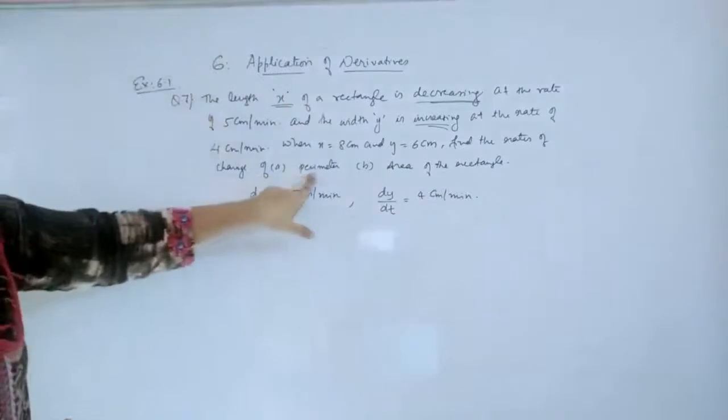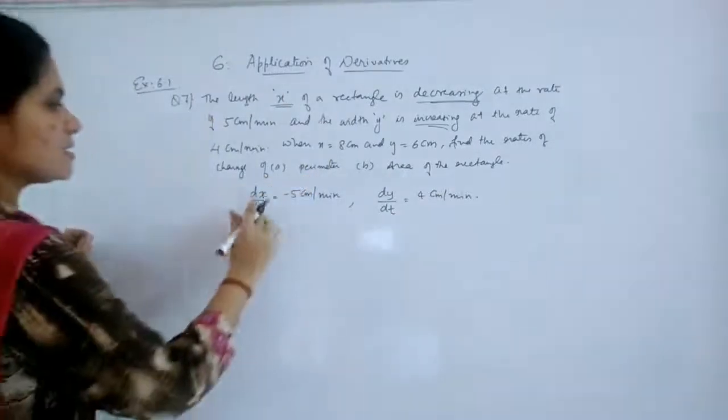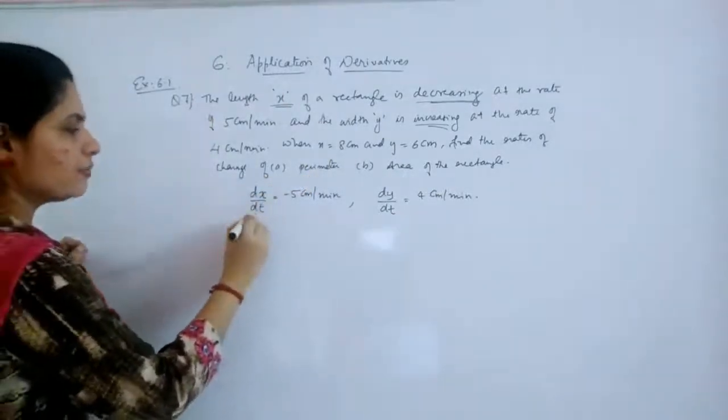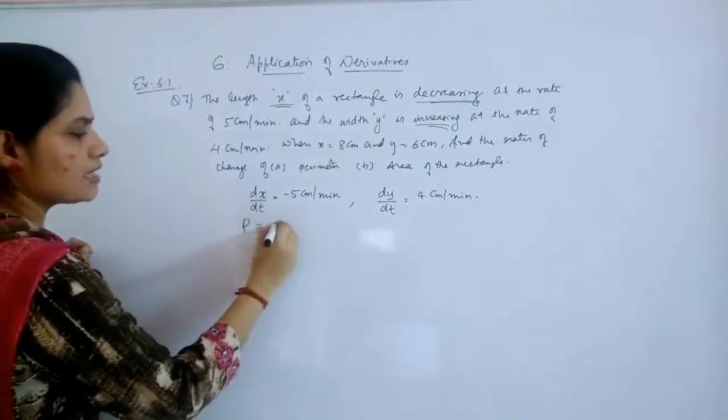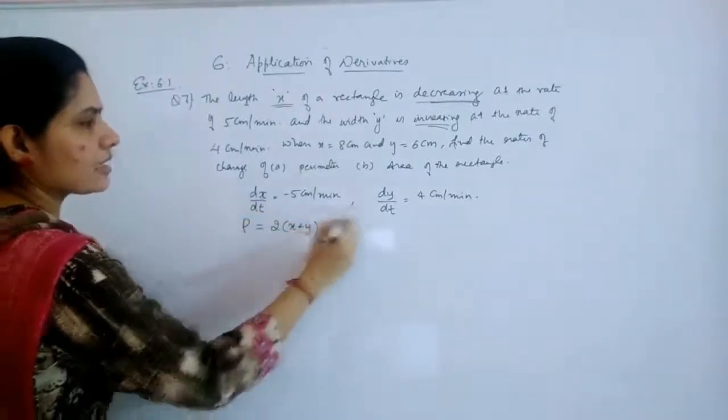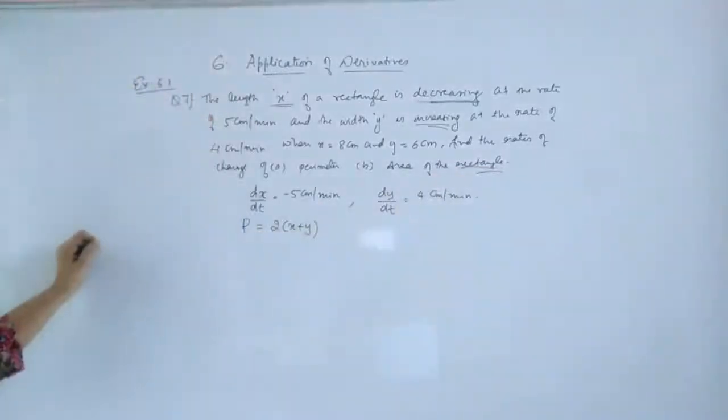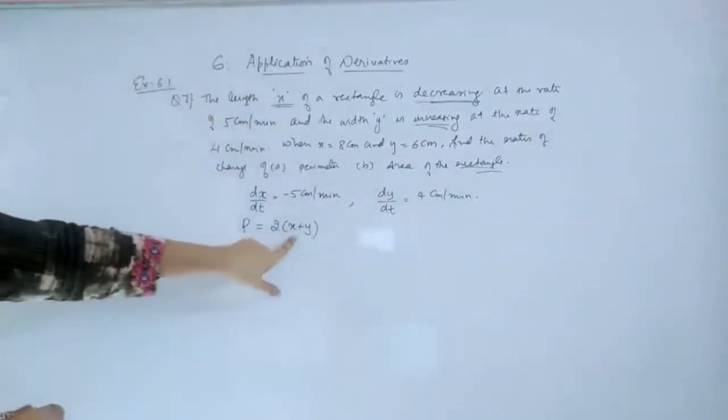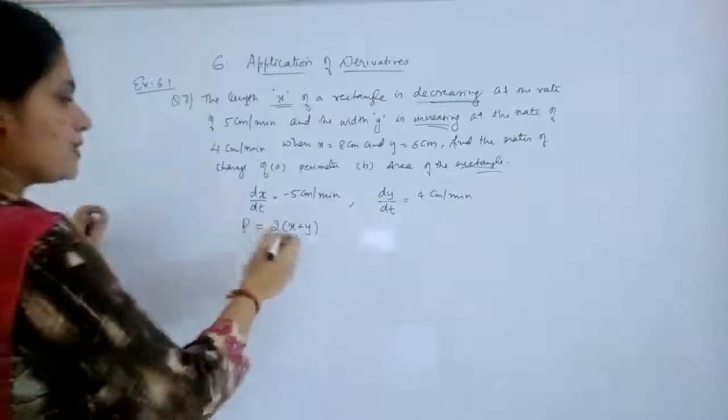Again, you need to find out the rate of change of perimeter, that means it is dp by dt if your p is taken as perimeter. Since it is a rectangle, you have perimeter of the rectangle to be 2 into x plus y.